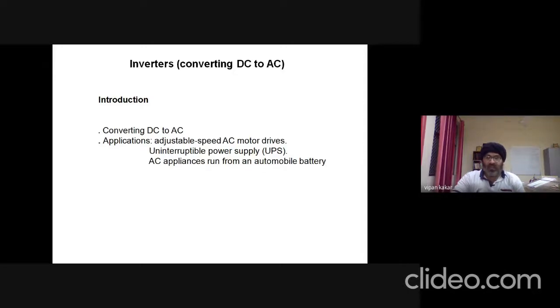We'll do that when we do the photovoltaic application in power electronics, where at the output of the DC to DC converter, we connect an inverter to supply the AC signal to the microgrids or nanogrids.